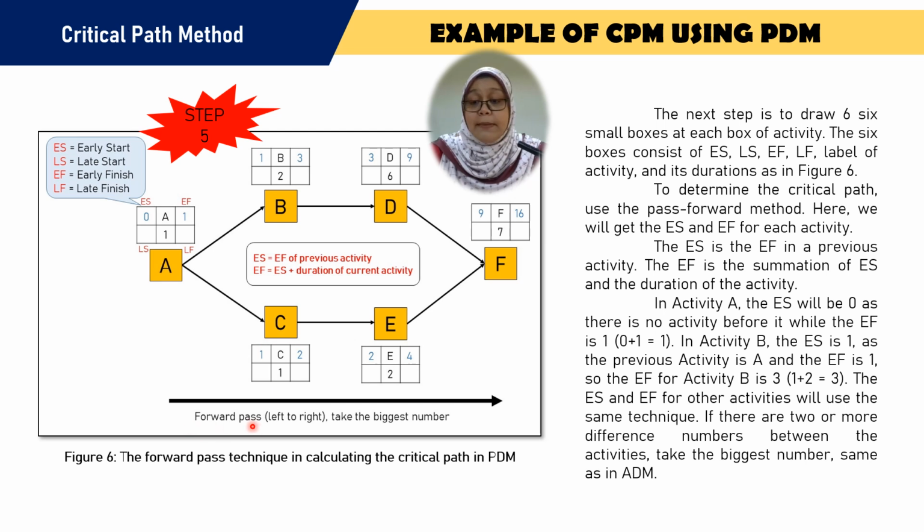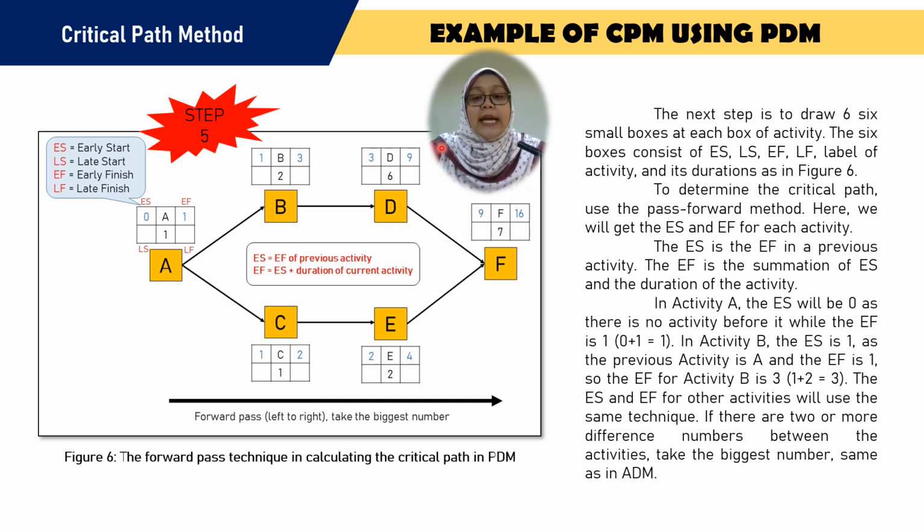We have to bear in mind, when there are two numbers coming into an activity, we have to take the biggest number. As an example, activity F comes from activity D and activity E. Activity F must start when both activities D and E are completed.